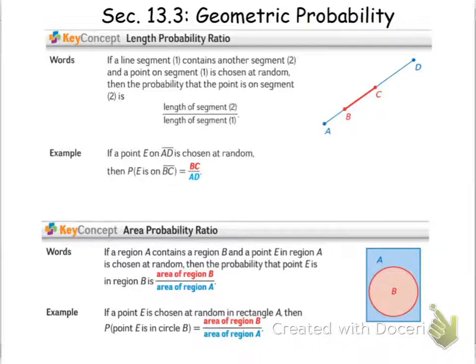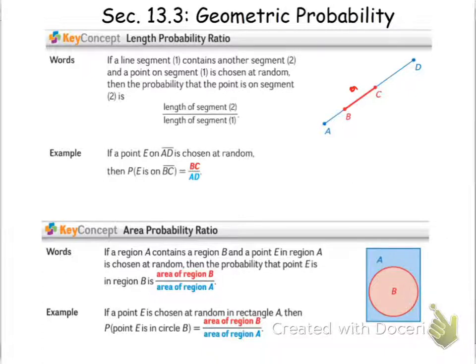And so what this first concept says is this is the length probability ratio. This says if a line segment 1 contains another segment 2, so basically you have this segment BC within this segment AD, then a point on segment 1, which is the red, is chosen at random, then the probability that that point is on segment 2 is... And so all this is saying is, all right, if you have a point somewhere on BC, what is the probability that a point would be on BC?